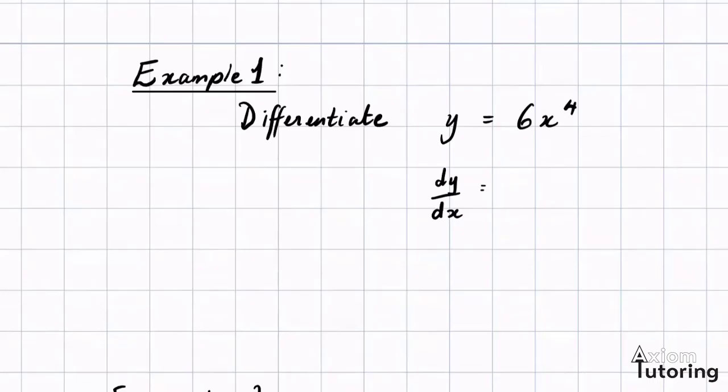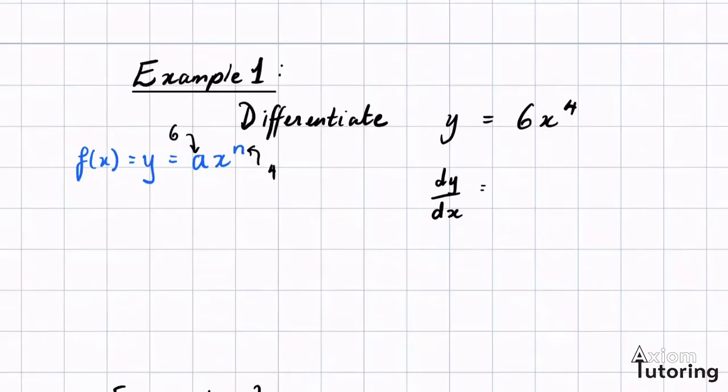It's in the form of f of x, or in this case, y, so that's equivalent to our f of x notation, equal to 6x to the power of 4. So it's of the form ax to the n, where a is 6 and our n is 4.